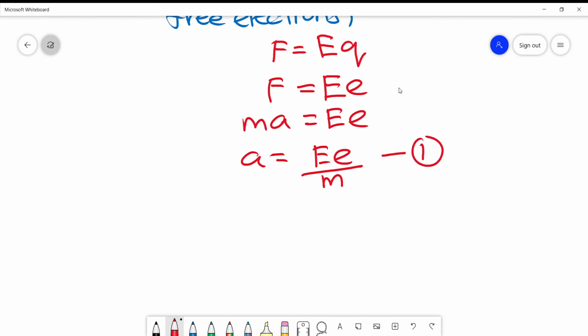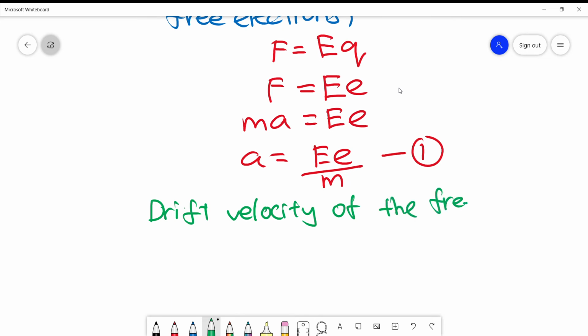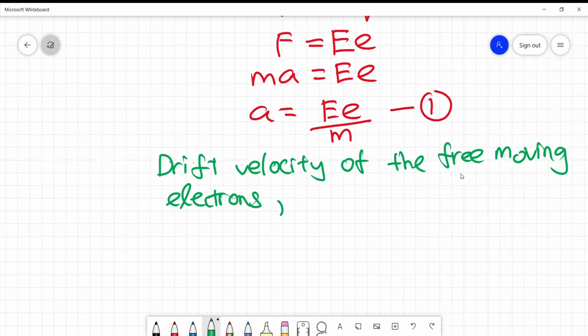Alright, so as the free electron is accelerated by the electric field, we have the drift velocity of the free moving electrons.